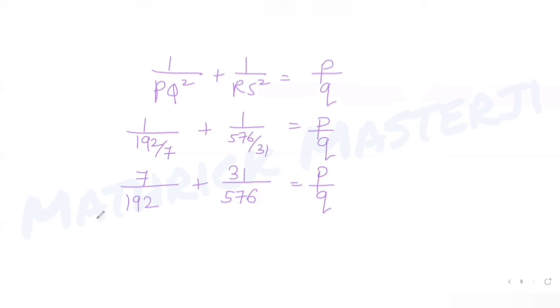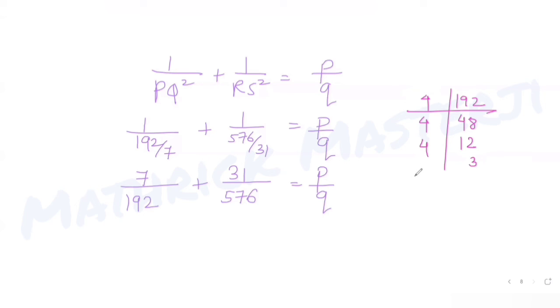So if I try to further simplify this, let's try to do that. So I get from here 192 and 576. 192, I can split it as, if I divide by 4, I get 4 4s 16 and 32, so 48. Further also I can divide it by 4, so 12. And further also I can divide by 4, so 3.